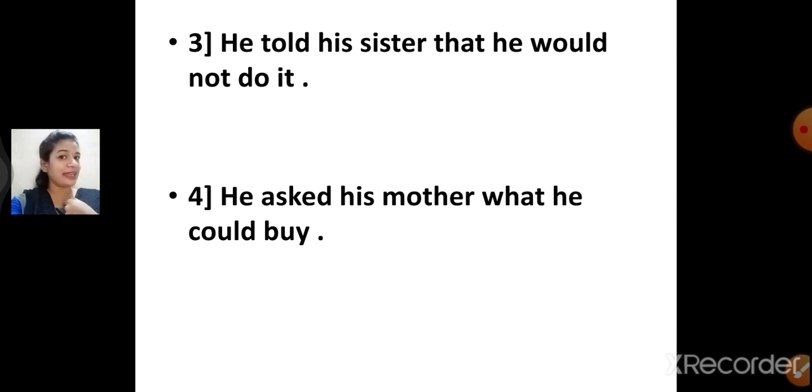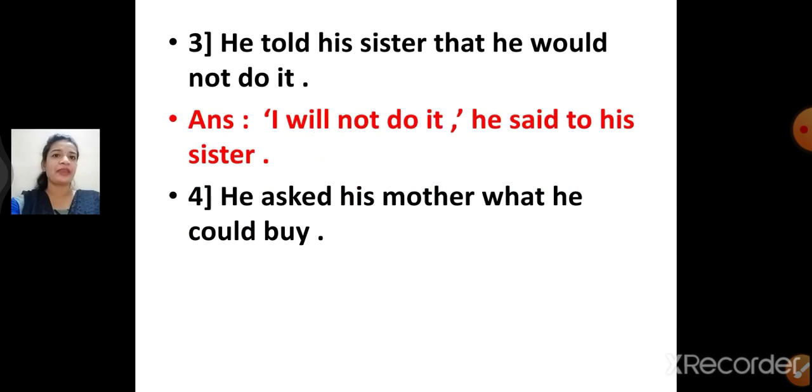What will come in the direct speech? The word spoken by the speaker: I will not do it. And then he told will convert into he said to his sister. Let's see the answer. I will not do it, he said to his sister.